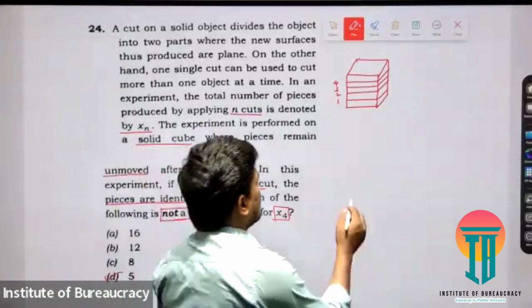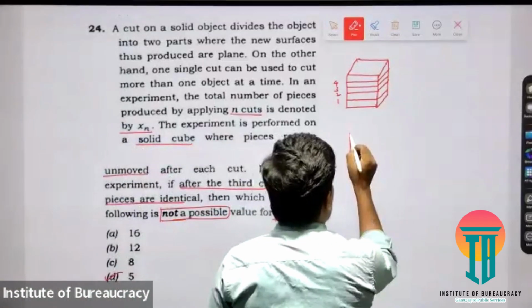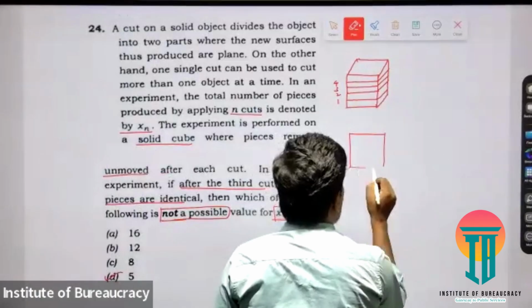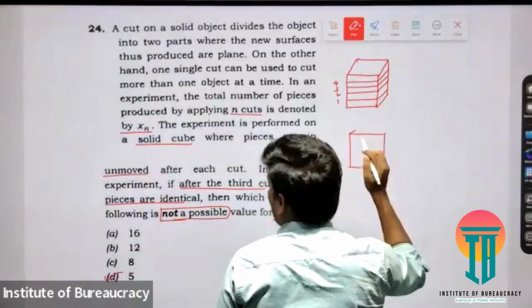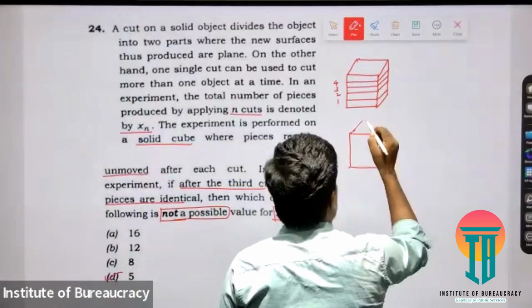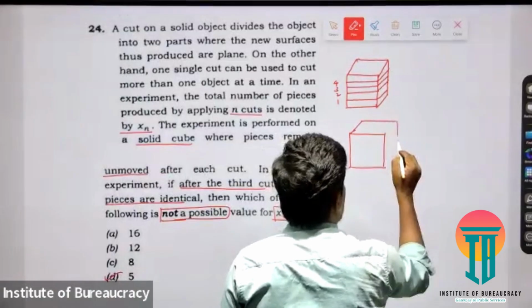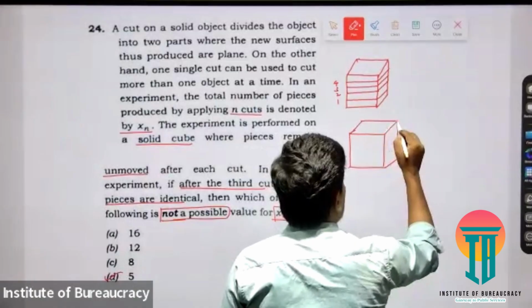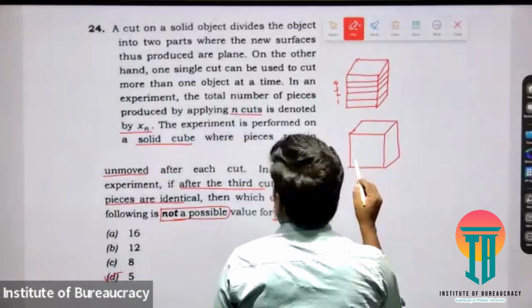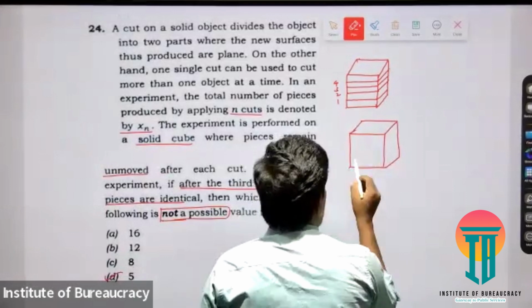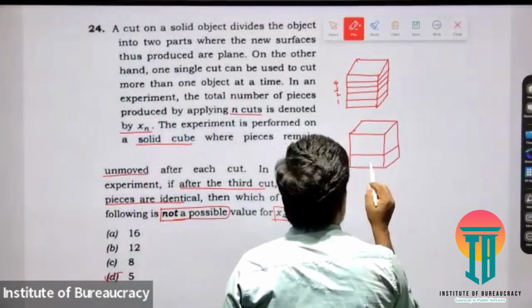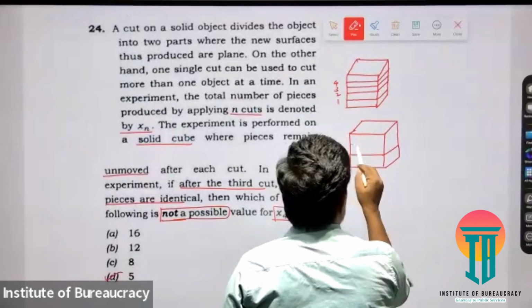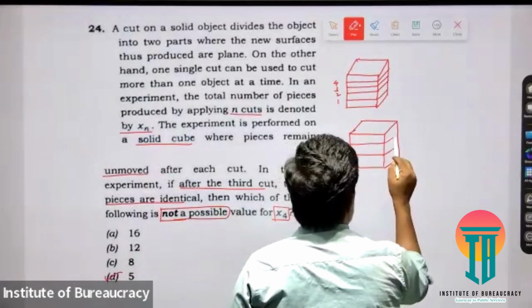Okay. And in a similar way, using 4 cuts, is there a possibility to get 12 pieces, 12 identical pieces? That I have to check. Okay. So this is 1 cut, 2 cuts.